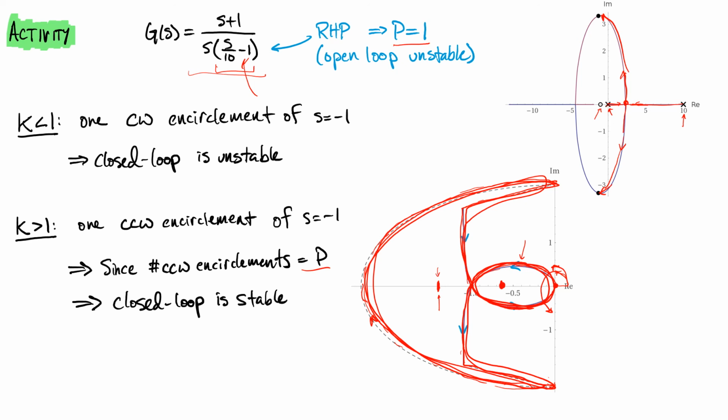So that's an example where increasing k actually leads to stability. And that critical value of k equal to 1 is where these points would be on the imaginary axis. And so that's an example, again, of where we can use the Nyquist criteria when there is an open loop unstable pole in our open loop transfer function.